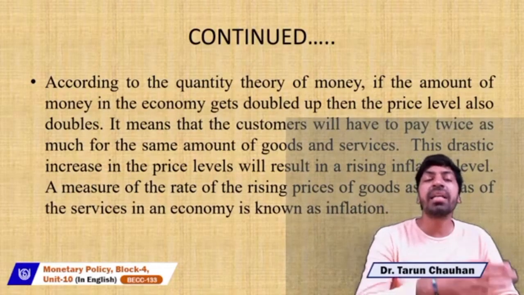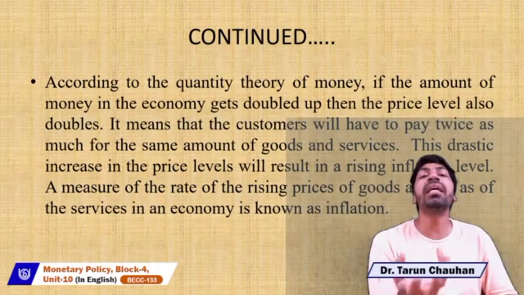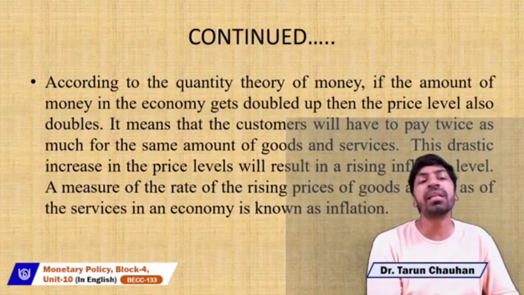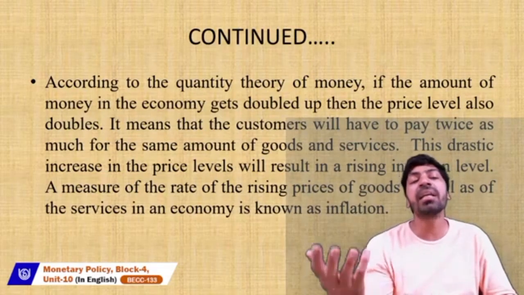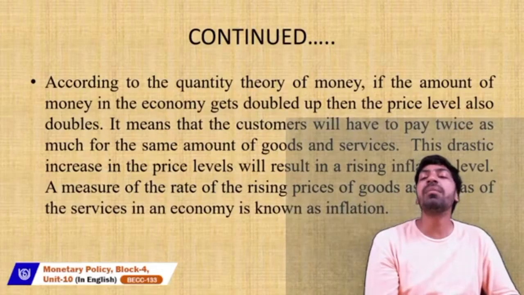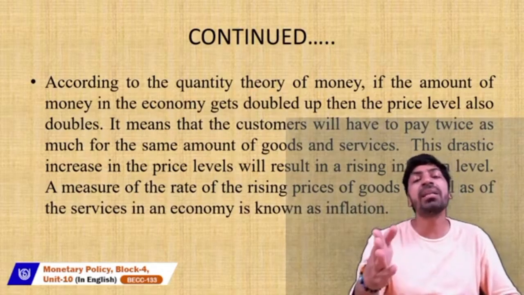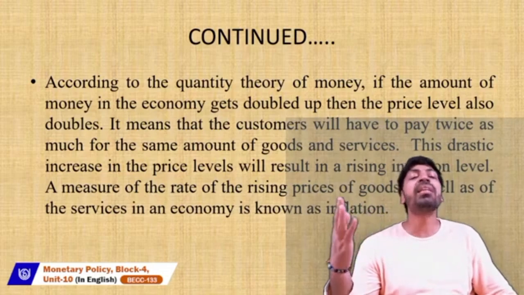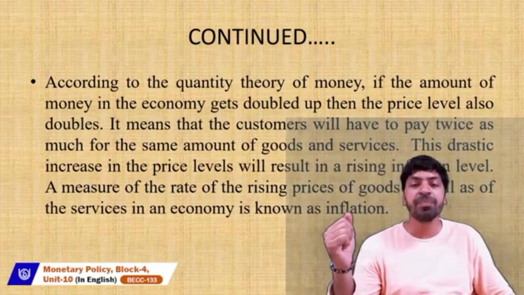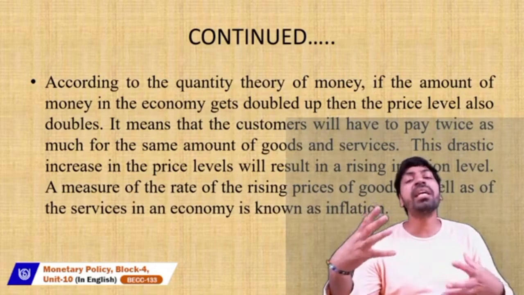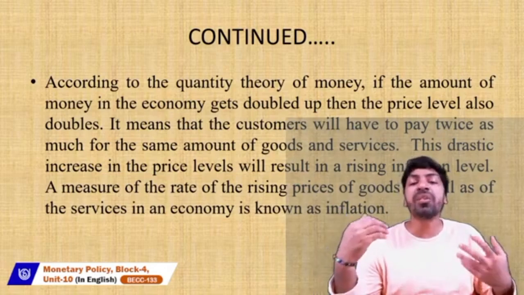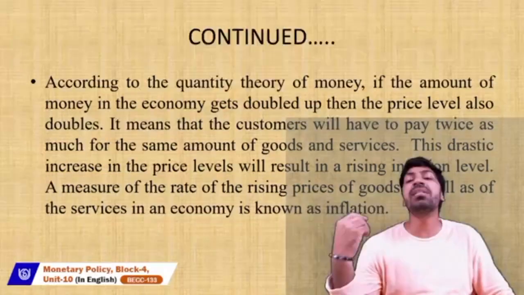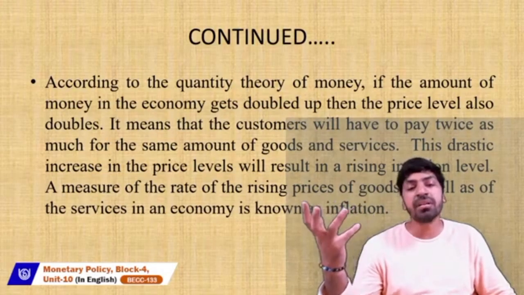So that is called the quantity theory of money. When there is a drastic increase in the money, automatically it also increases the price level. The ultimate result would be an increase in the inflation level. Inflation is the frequent increase in the prices of goods and services.